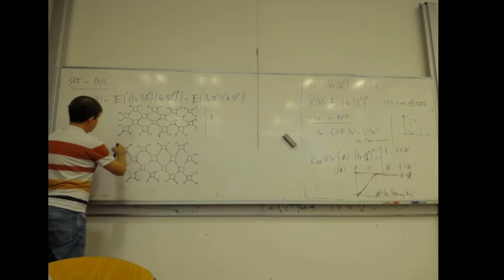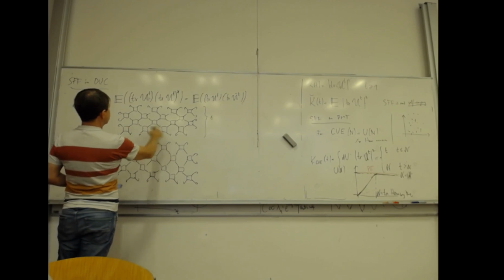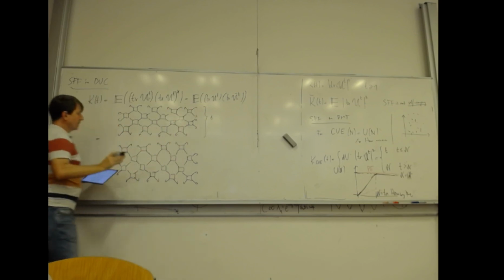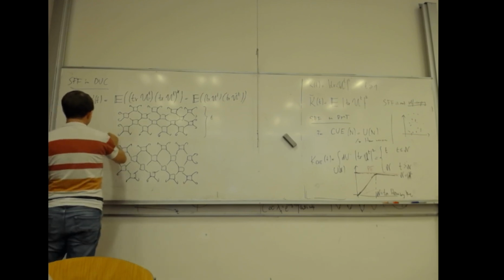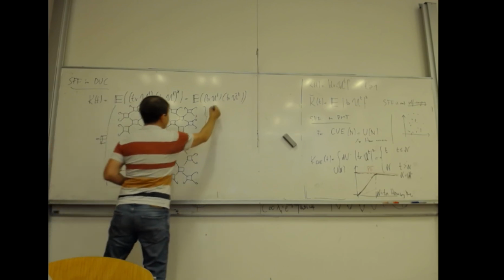So the point is this one is connected to this one, also this one is connected to that. Okay, but just imagine that these are basically partition sums on a torus, right? They have periodic boundary conditions. And then I have to take the expectation value of that thing.